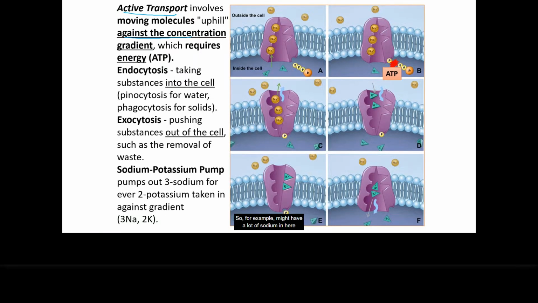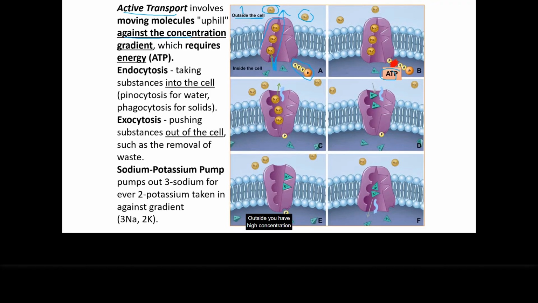For example, we have a lot of sodium outside of the cell, but the sodium-potassium pump will spend an ATP molecule to move sodium from the cell to the outside, against the concentration gradient.